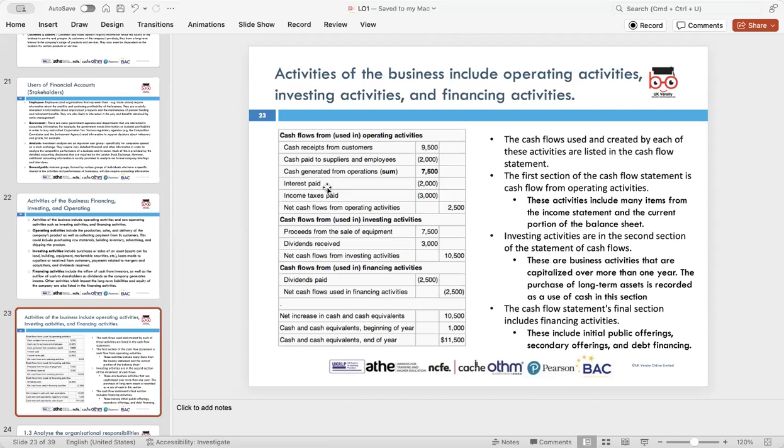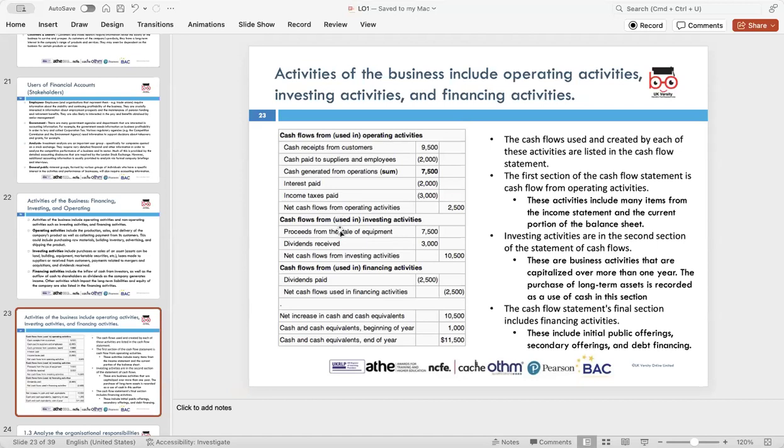These activities include a number of things that are included on the income statement and the current section of the balance sheet. The activities that pertain to investing are located in the second section of the statement of cash flow. These are items that have been capitalized over a period of time longer than 1 year.